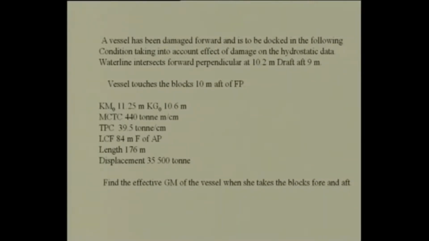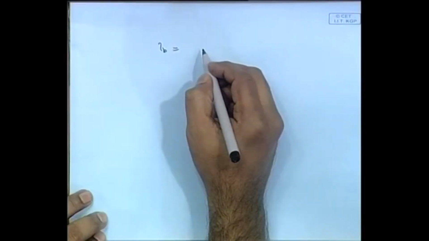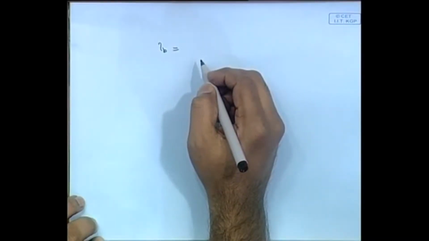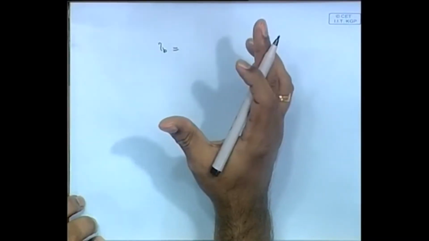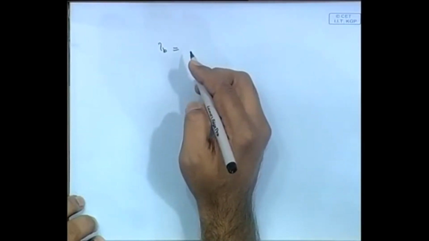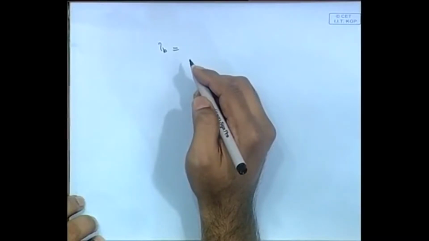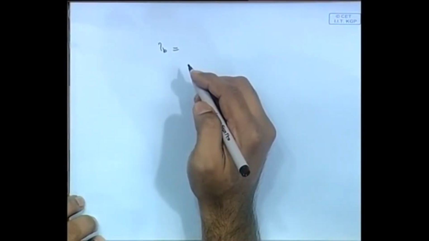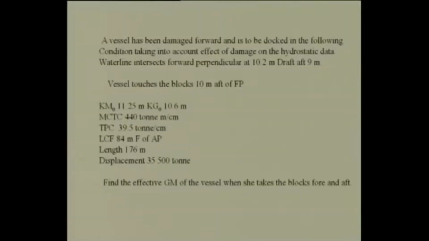So, you have to find the new distance L, which will be the distance between the center of flotation and the point at which the ship hits the block. In this case, you are given that LCF is 84 meters forward of the aft perpendicular. Actually, the distances are given in this case from the forward perpendicular, where the vessel touches.